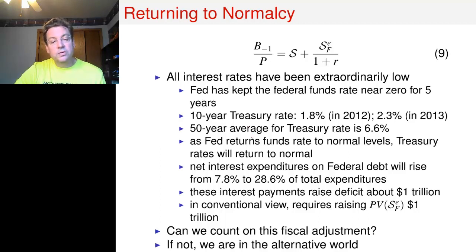So the real question is, can we count on this fiscal adjustment to occur? If not, then we're going to be in the alternative world. So when thinking about whether we're going to go back to the conventional policy mix, which is what most people would mean by returning to normalcy, we need to think about the spillover effects from monetary behavior to fiscal policy.